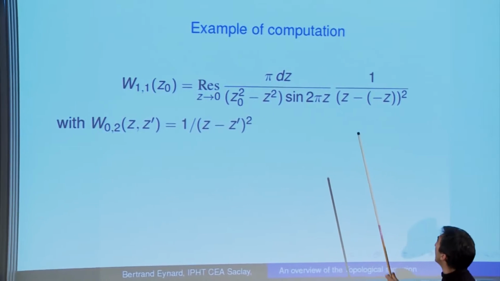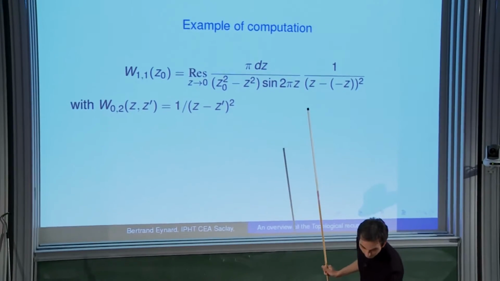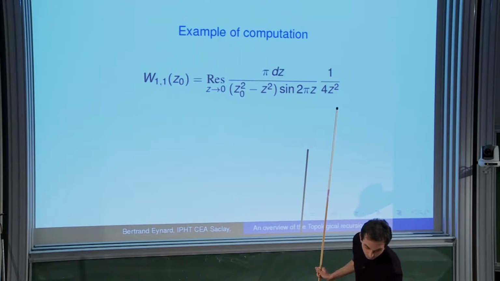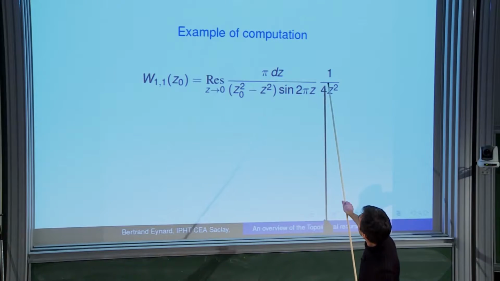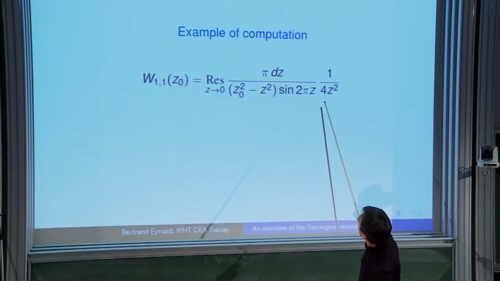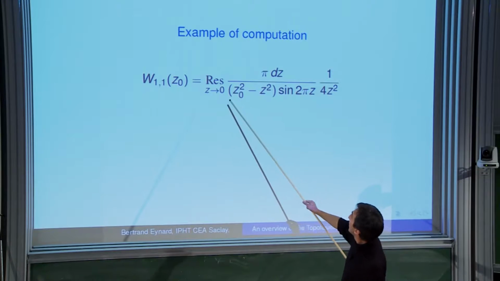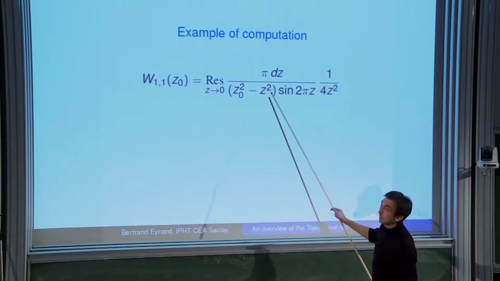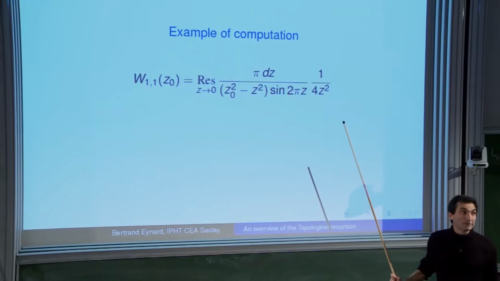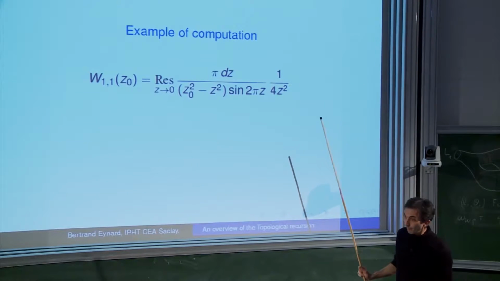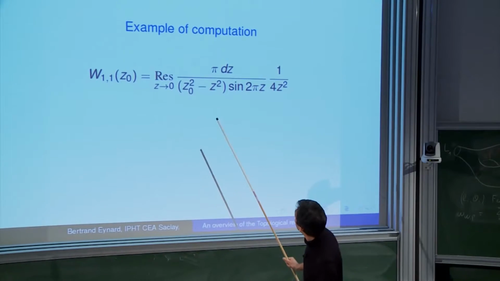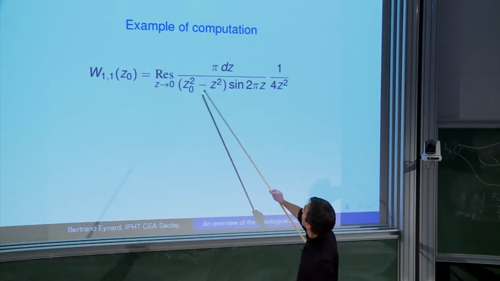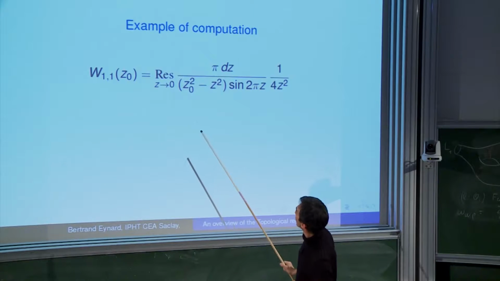So this is just 1 over (z minus (-z)) squared, so it will be 1 over 4z squared. Now, since we need to compute the residue at 0, we shall expand every function appearing here. We shall do the Taylor expansion at 0: the Taylor expansion of sine at 0 and of this very simple function at 0.